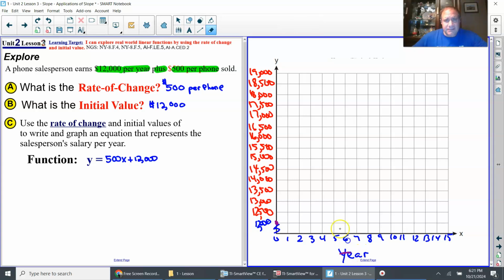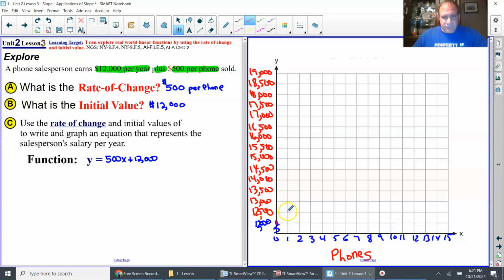This is not year. And it's phones. All right. So it's not time in this case. It's phones sold. So for 0 phones that the salesperson sells, still making $12,000, which is awesome.